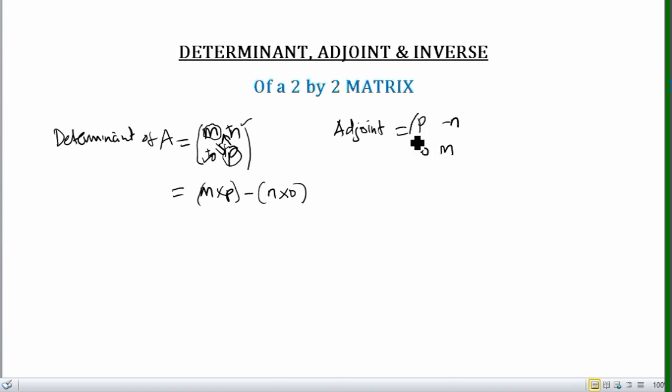When you flip the sign, it becomes negative O. So this is the adjoint of matrix MNOP, which we can call matrix A. So A adjoint becomes P, negative N, negative O, and M.